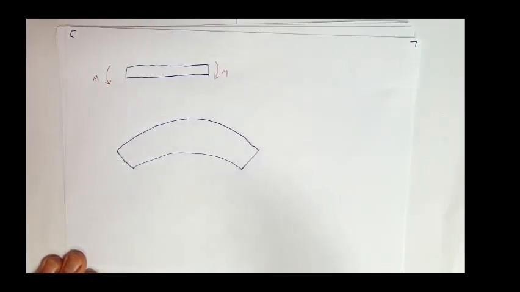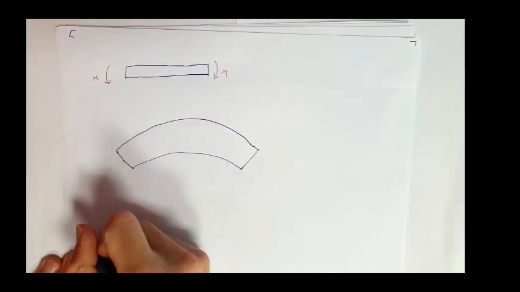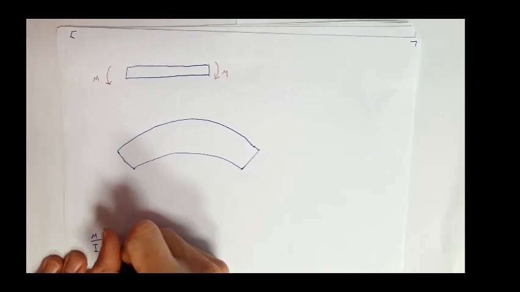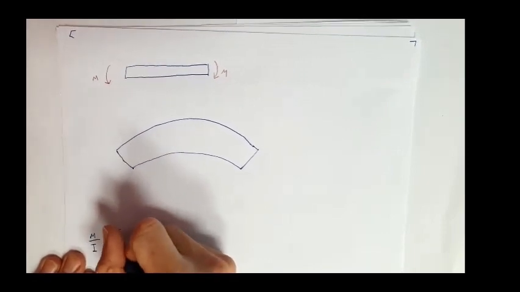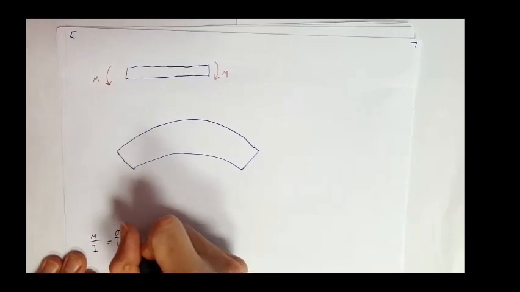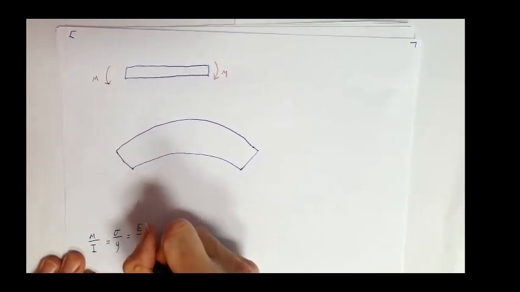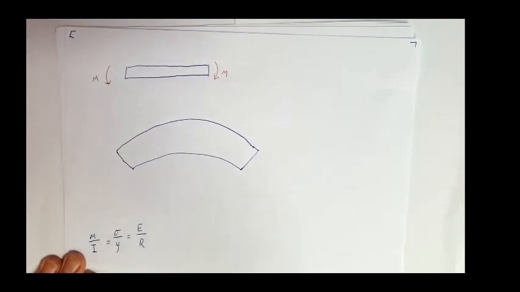Now, what the simple theory of elastic bending shows us is that M over I equals sigma over Y equals E over R. Now, what are each of those terms?